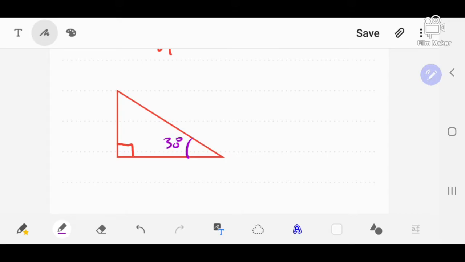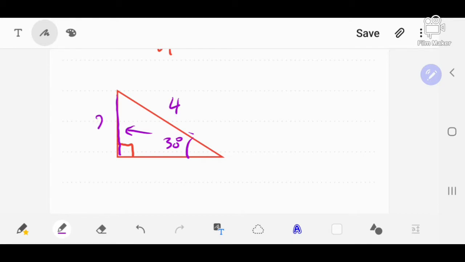From geometry, if you remember, the side opposite to 30 will always be half the hypotenuse. So let's say that the hypotenuse is 4, then this side will always be 2.